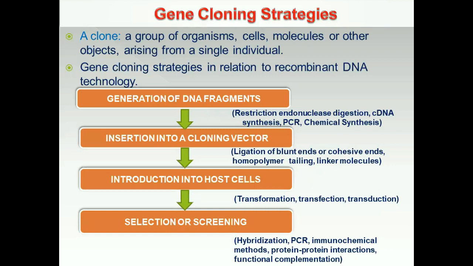That is carried out by PCR, that is polymerase chain reaction, then immunochemical methods, protein-protein interaction methods, functional complementation, and hybridization. So these are the different methods used to screen whether the recipient cell has the recombinant DNA or not. So this is all about the gene cloning strategies.